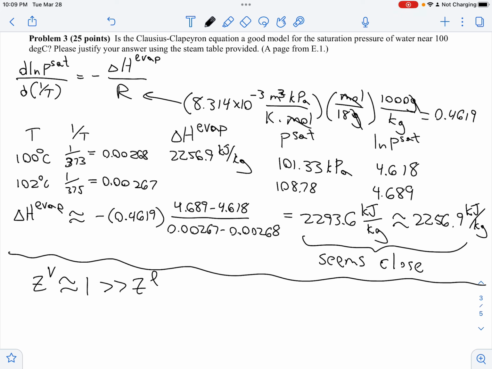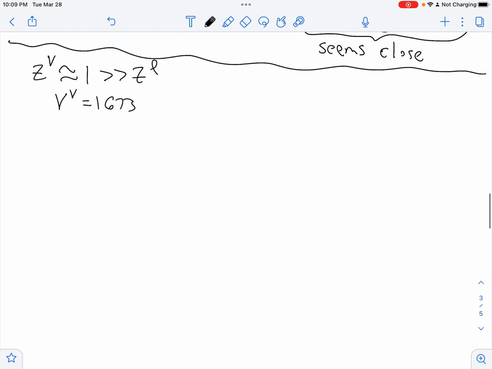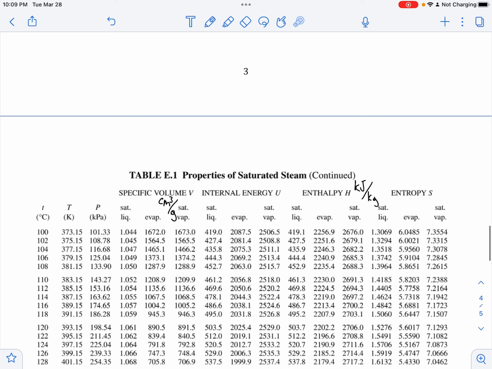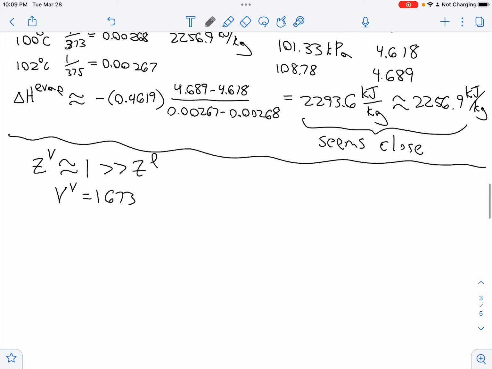So really what you can do is compare the molar volumes. So the V of the vapor from the table is 1673, that is this number. So 1673 centimeters cubed per gram, but the units are the same. For the liquid, it's 1.044.